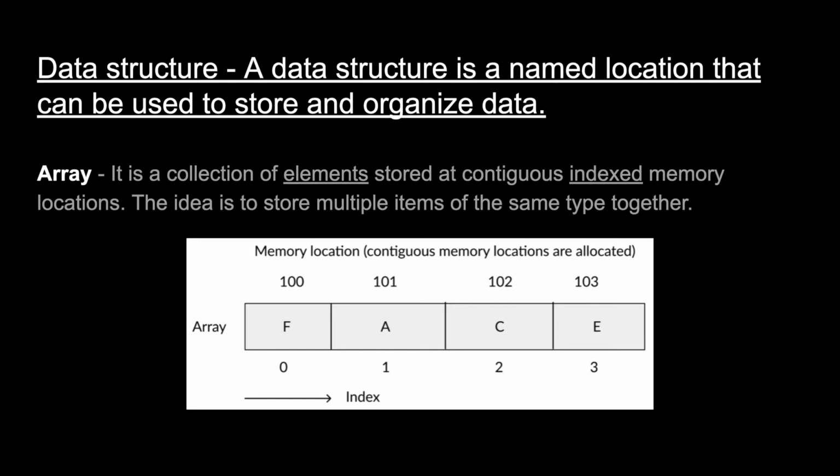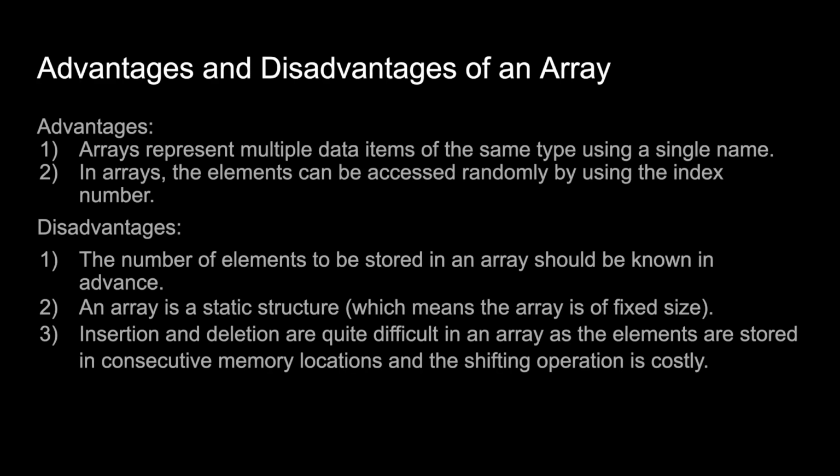So 4 elements are present starting from index 0 to 3. And the memory locations are 100 for F, 101 for A, 102 for C, and 103 for E. So this is the basic structure of an array.